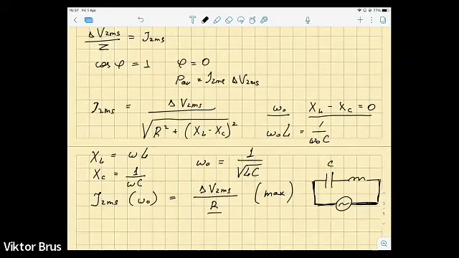Then we have C and L. Then we tune the power supply to operate at frequency omega naught, which is equal to 1 over square root of L times C. And we get resonance condition.